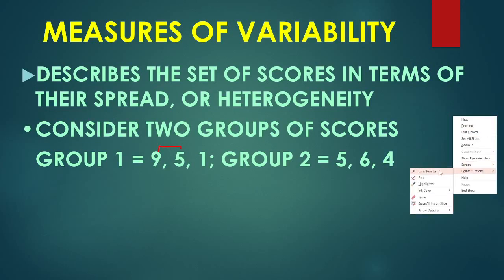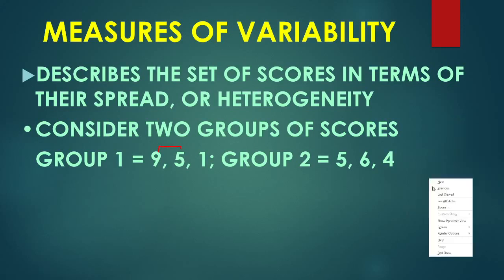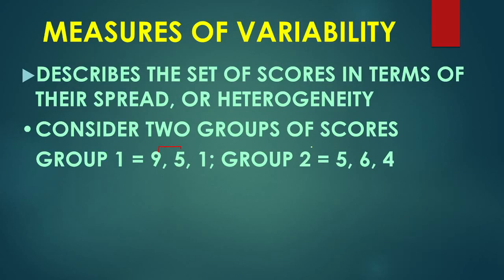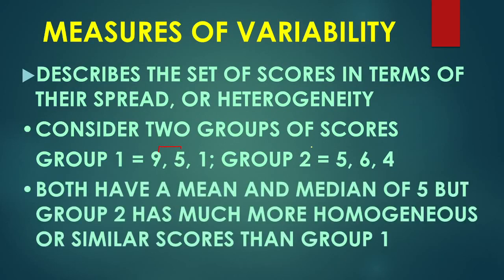What is the gap between 5 and 6? 1, sir. 5 and 4. 1 also, sir. So meaning the gap there is closer. Okay, so take note. Both have a mean and a median of 5. But group 2 is much more homogeneous, or similar, than group number 1.